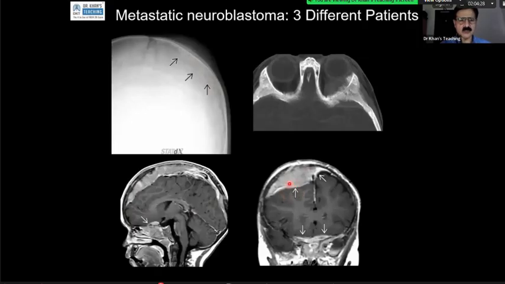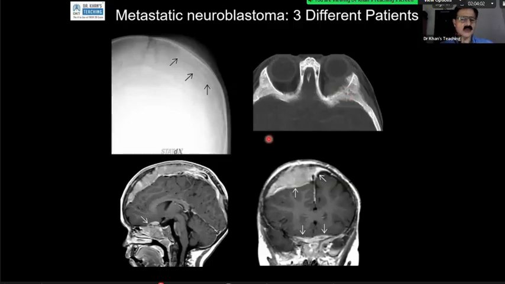Basically, the metastasis has involved the dura, it is a dural metastasis. From there, it has gone into the skull also. And this is another example where we can see that there is a dural mets which has gone into the lateral wing of the sphenoid, causing this secondary bony destruction and host reaction.